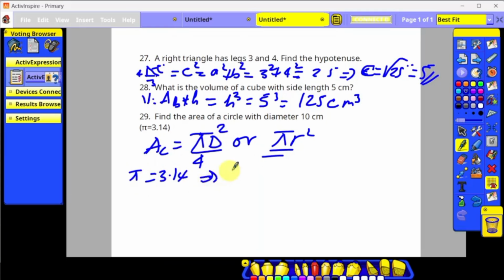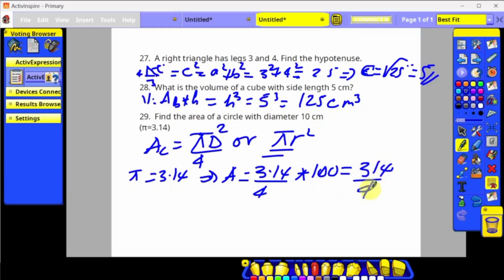So the area is equal to 3.14 divided by 4 times d square, where d is 10, so d square is 100. So multiply 3.14 by 100, which is 314, over 4.